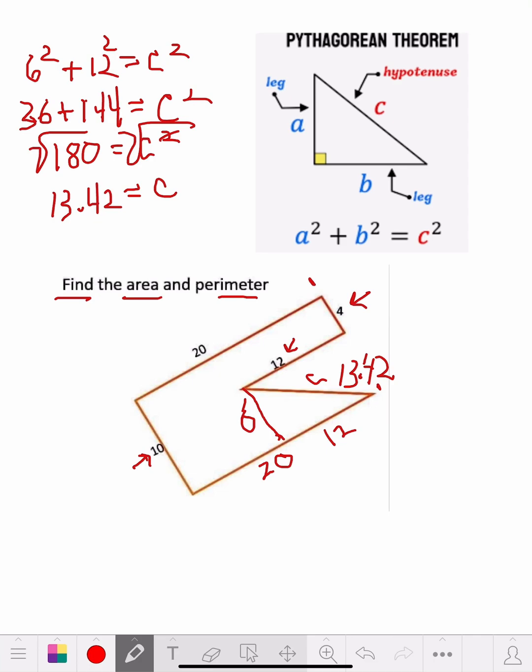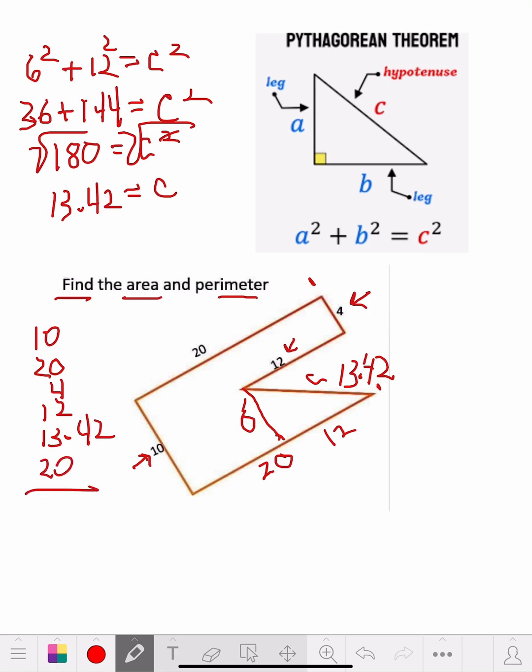So to do the perimeter now, I just add them all up. Let's start from one side. I got a 10, then I got a 20, then I got a 4. Now I got a 12, I got a 13.42, and then I got another 20.